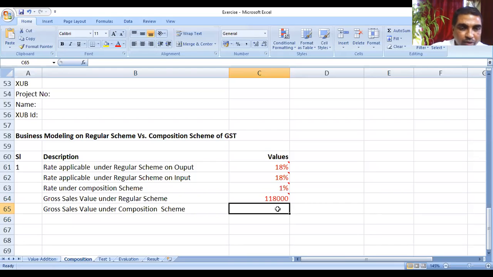How much can we do under gross sale value under composition scheme? It might be, let us say, 1 lakh we'll take. Oh, for this the sales have become a percentage.